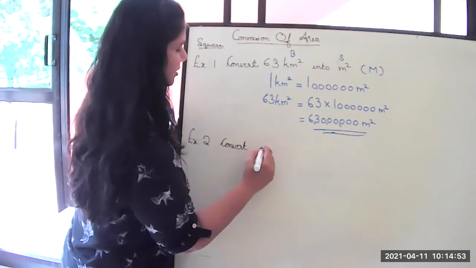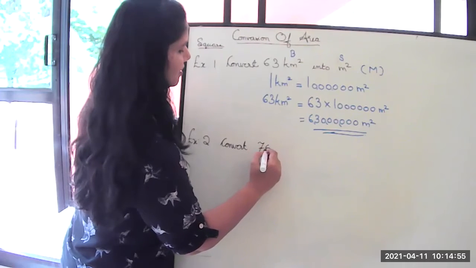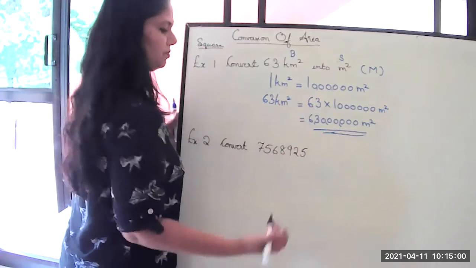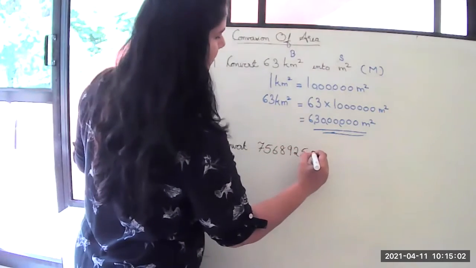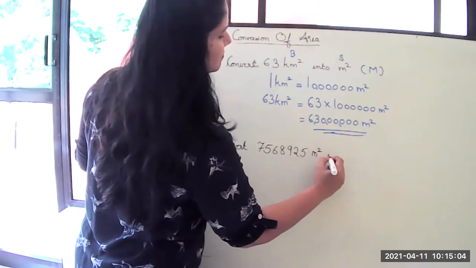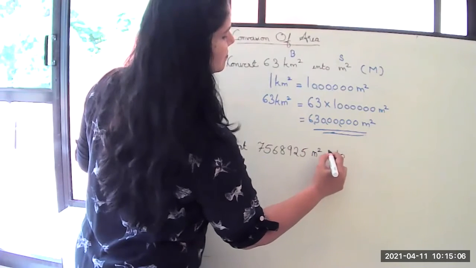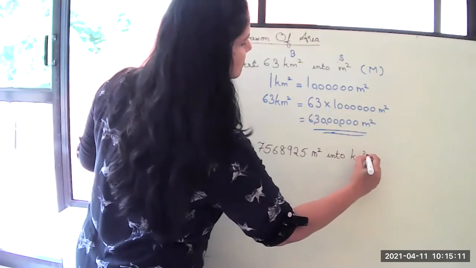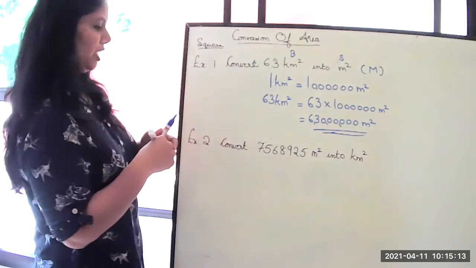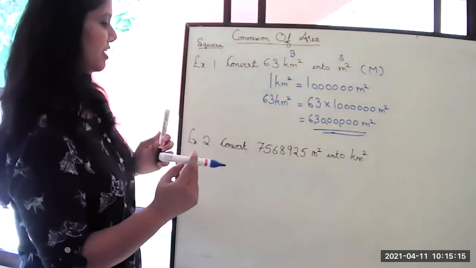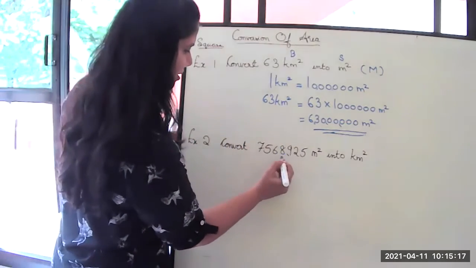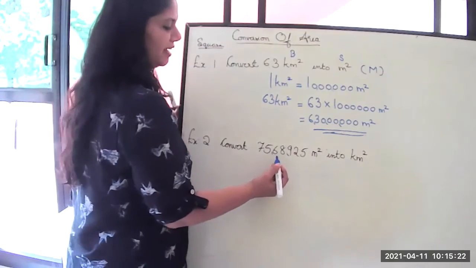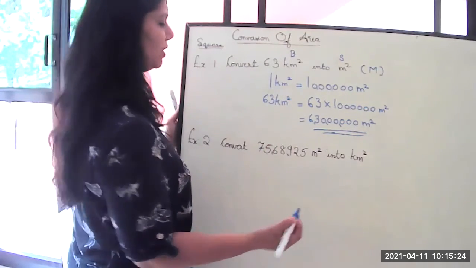So let us convert 75 lakh 68,925 meters square.